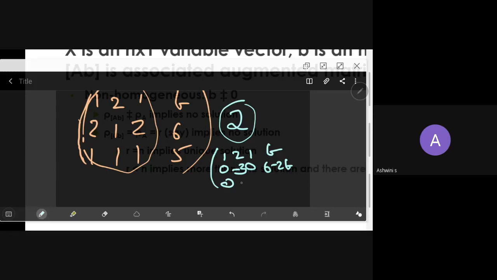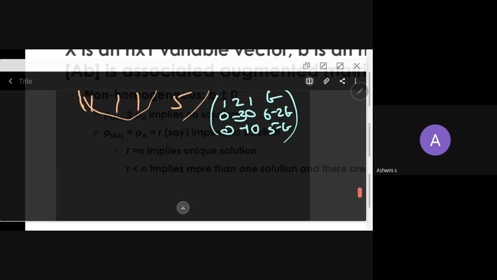This is also minus 1, 0. Good. We got now 5 minus b. So when this is 5 minus b, the third one becomes redundant.